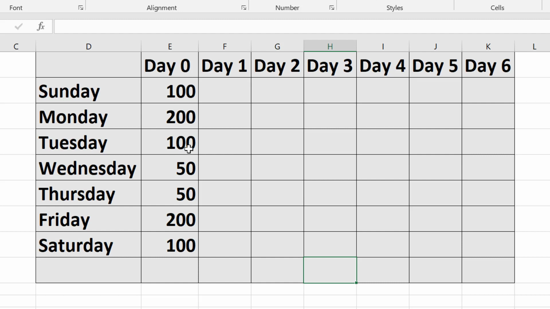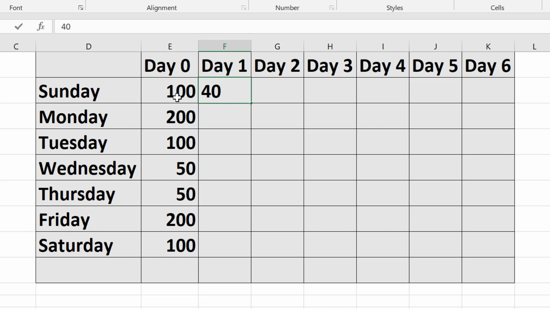Now let's say on Sunday, 100 users were acquired, but out of these 100 users, 40 users came on the subsequent day, which is day 1, which would be which day? This would be Monday, because this is day 1 for Sunday.